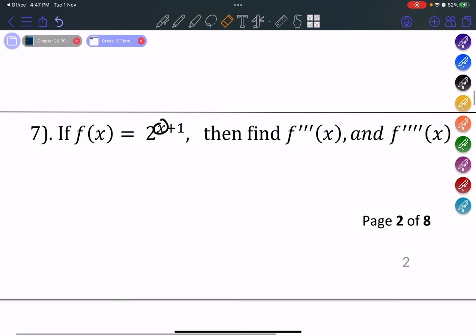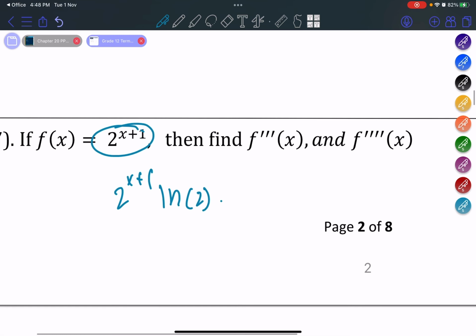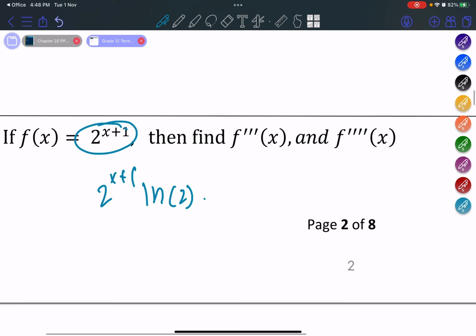We'll do the same thing here. So we'll write the same function again, 2 power x plus 1, then ln the base, which is 2. Because they asked us for the third derivative, we write times ln 2 again, and again for the third time, times ln 2.